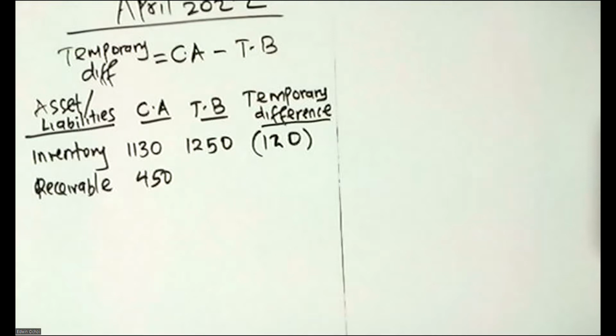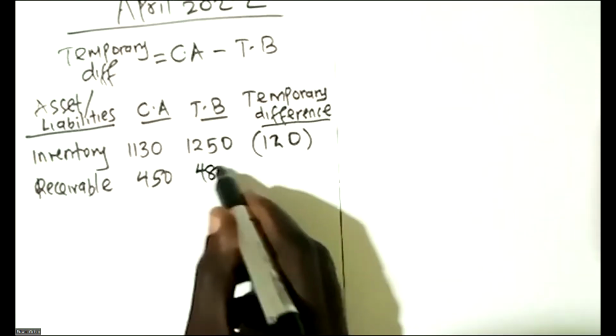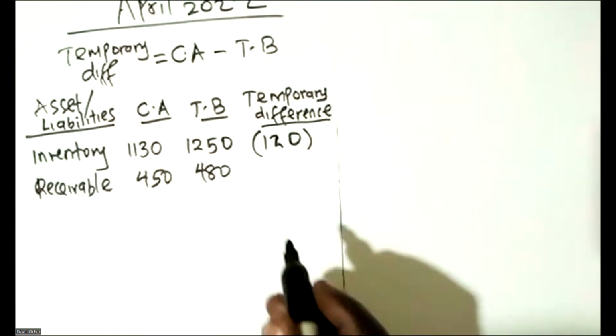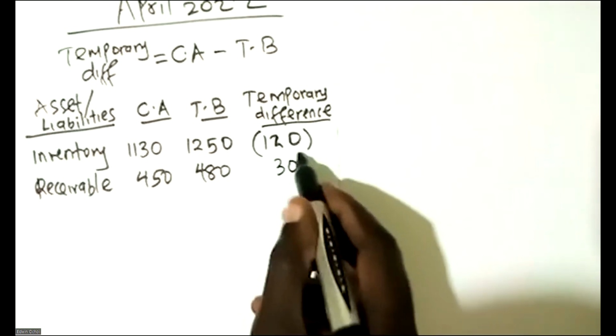So 450 plus the 30 provision, that is 480. So 480 will be our tax base. So 450 minus 480, that is 30.